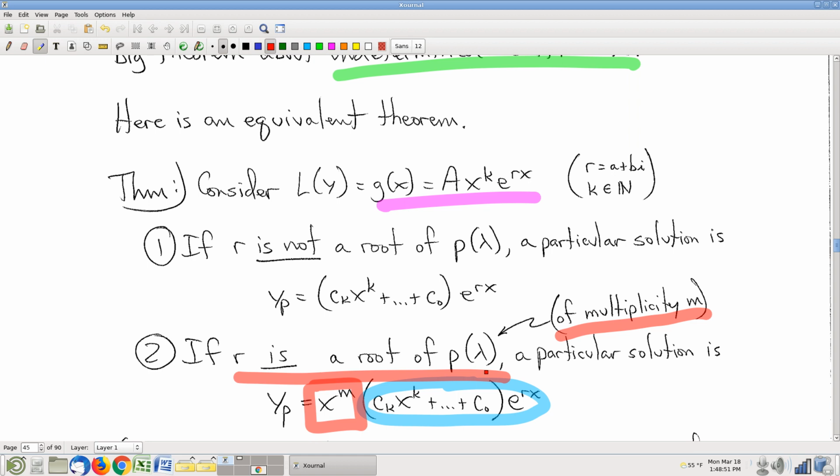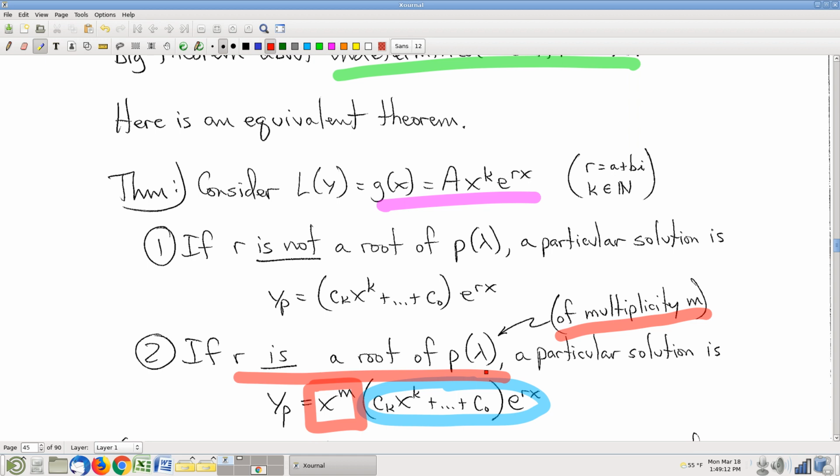What we didn't do, and I think we really need to do, is talk about the motivation for this extra factor of x to the m. Where does that come from? Again, we just wrote it down, and I said, trust me, it works. Discussion to come later, and here we are.